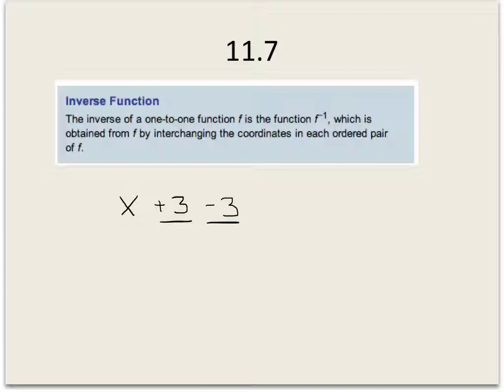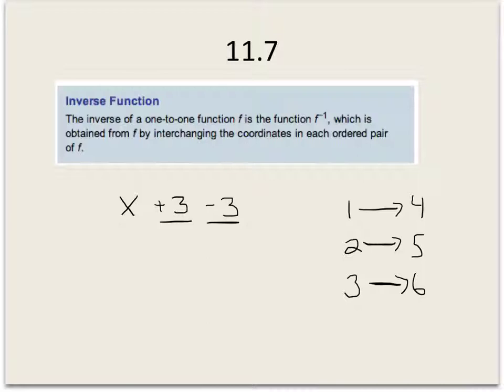We're going to talk about inverse functions as one-to-one. It's only an inverse function if the original function is what we call one-to-one. That means that as a function, there's one output for every input, but that there's also only one input for every output. So if you think back to the beginning, if we had a chart here like 1, 2, 3, and here 4, 5, 6, and 1 goes to 4, 2 goes to 5, 3 goes to 6, those would be one-to-one.